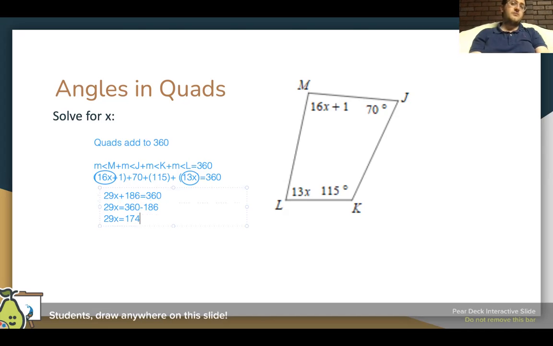That's 174. And for x, I would just get 174 divided by 29. And I believe that would be 6.